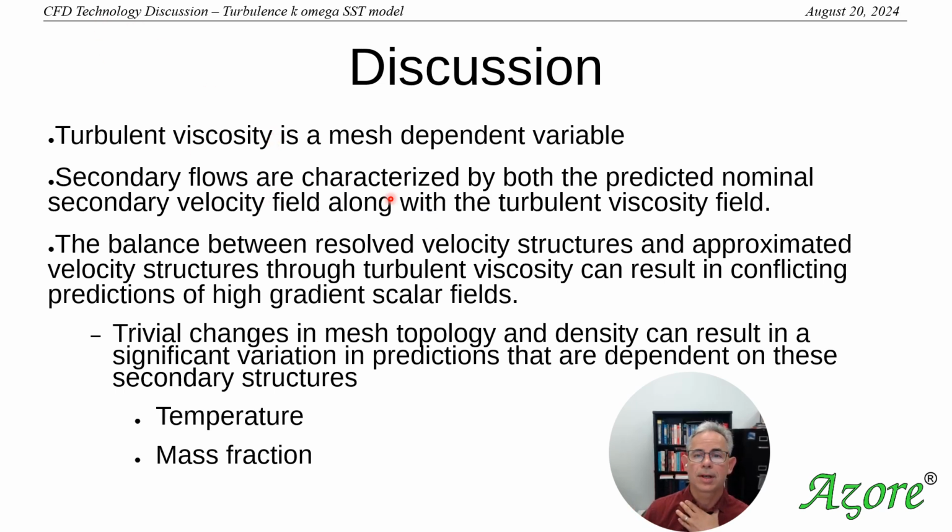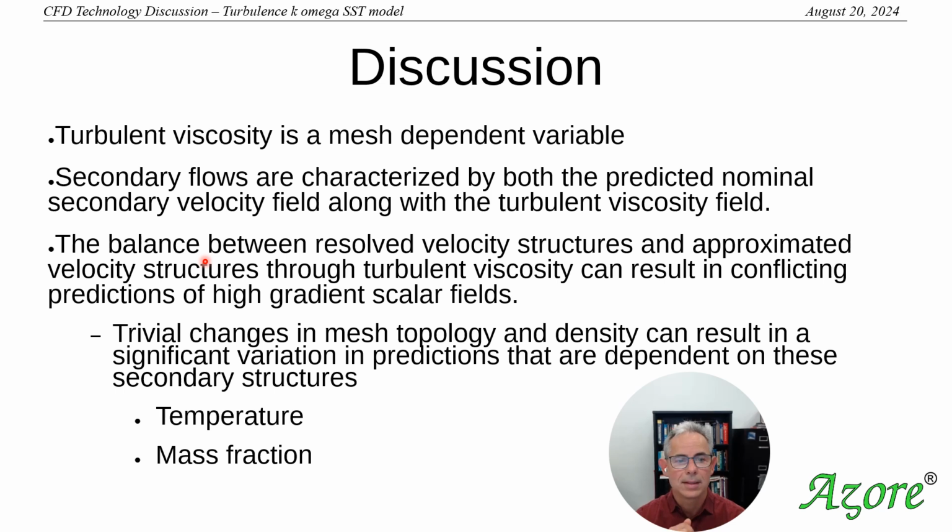Secondary flow structures are characterized both by the predicted nominal secondary velocity field along with the turbulent viscosity field. The balance between resolved velocity structures and approximated velocity structures through turbulent viscosity can often result in conflicting predictions if there's a high gradient scalar field that happens to pass through that area.